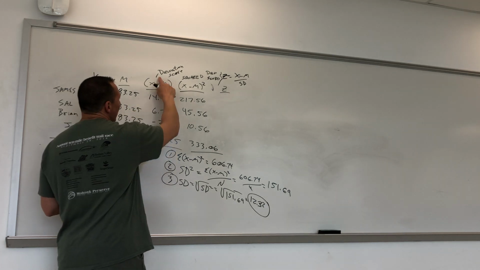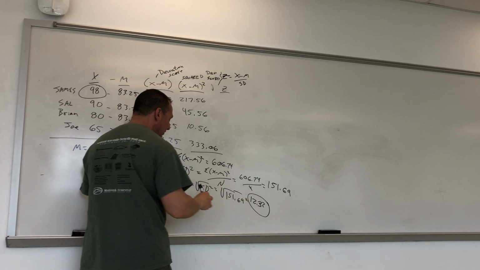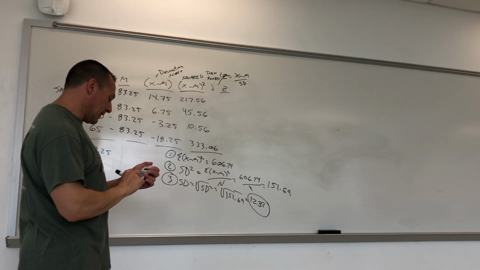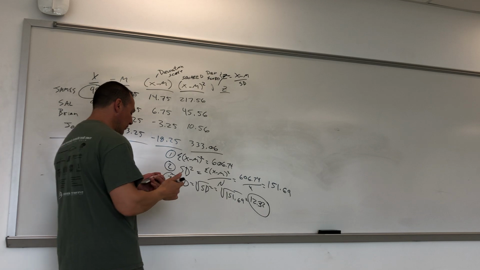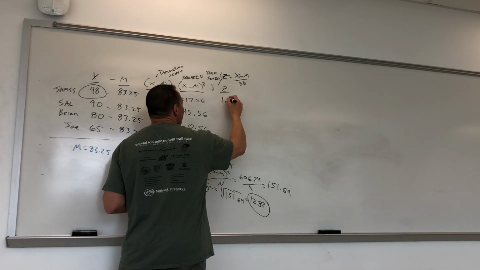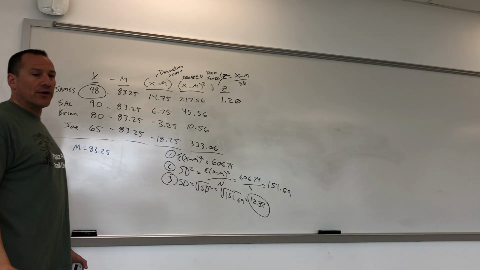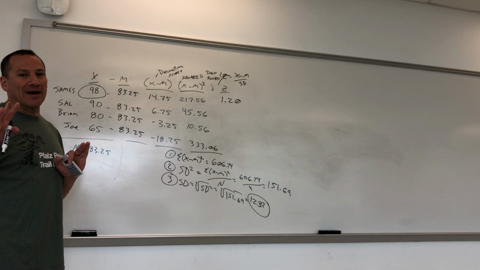So it's x minus m, which is 14.75 divided by the standard deviation, which, as Dana tells us, is 12.32. So that is 1.20. Only round to 2 decimal places. 1.20.